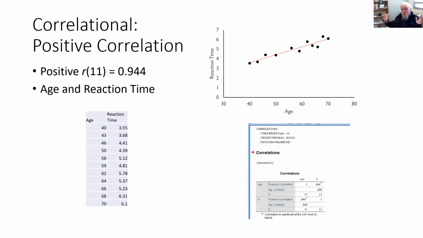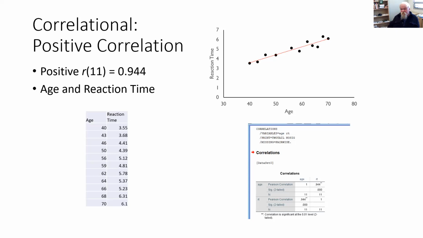And maybe we would find that as age increases, reaction time also increases. In other words, we might have faster reaction times when we're younger, and then slower reaction times when we're older, okay?